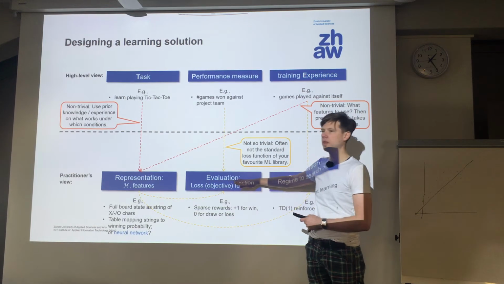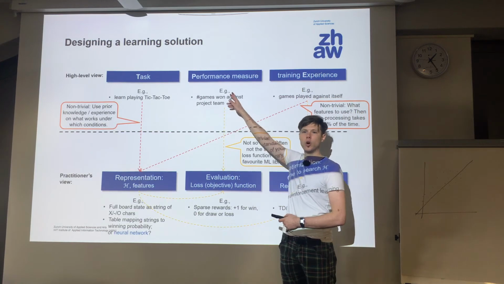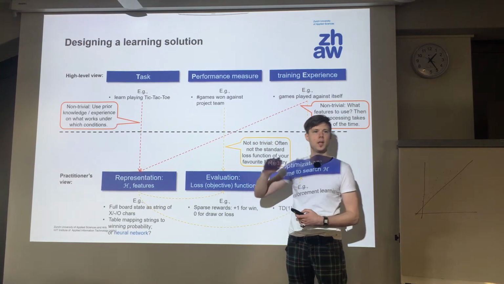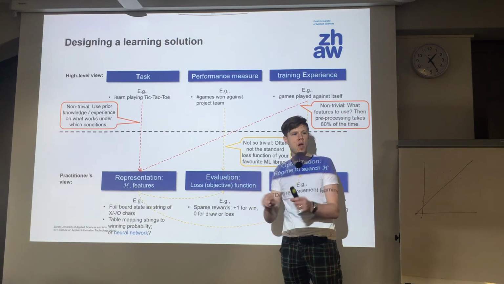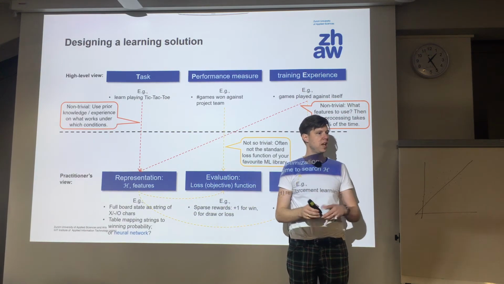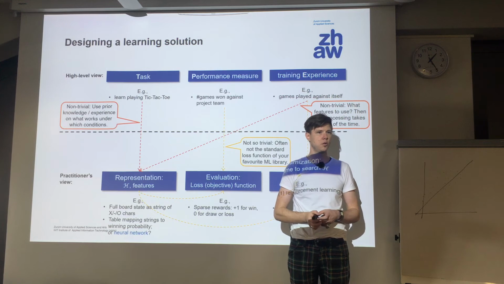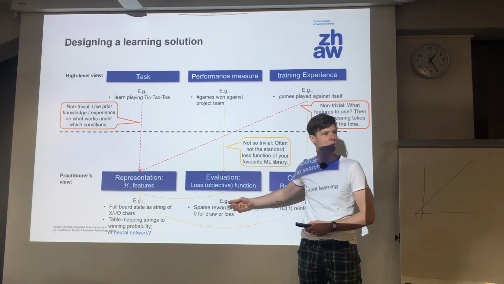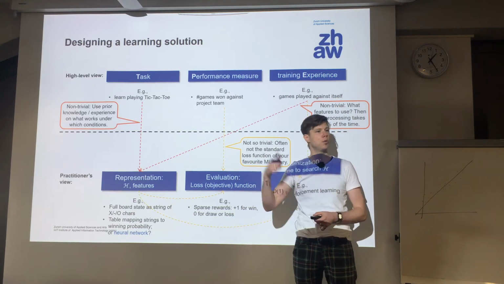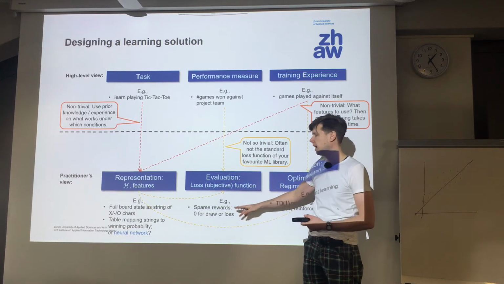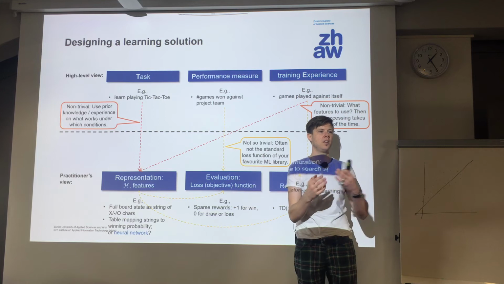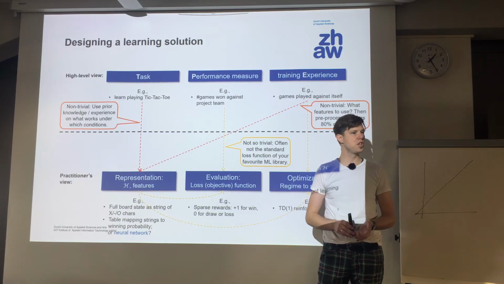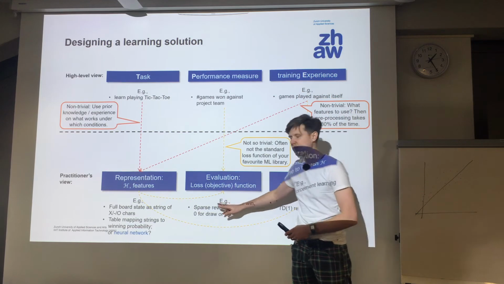The same is true for the evaluation. You have to know by what high-level measure you say it was a success. But you also need to have it in functional form to be able to numerically evaluate your algorithm. That, for example, pertains to the loss function that you optimize. We talked about the loss function last time, and we'll see more of it today. And this is usually not the standard loss function in your favorite machine learning library.